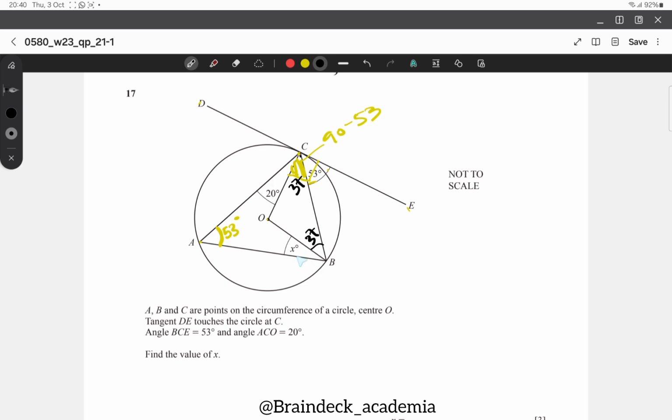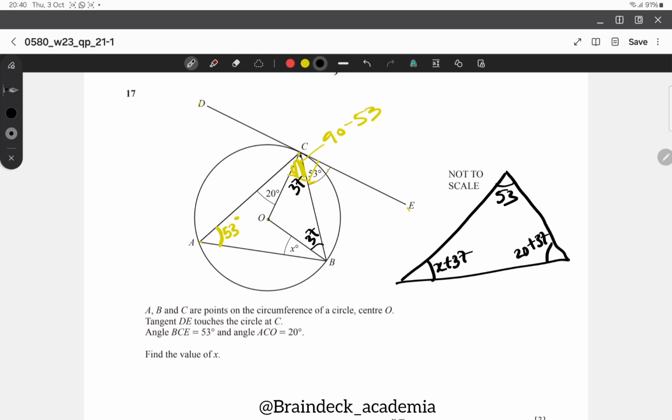So now we can easily find X. Since we know what this side is and we know what this side is, let's draw the triangle. The triangle we are left with looks something like this. This place is 53. This whole side now is X plus 37. This whole place now is 20 plus 37, right? So using the angles in a triangle, we have X plus 37 plus 20 plus 37 plus 53 equal to 180 degrees.